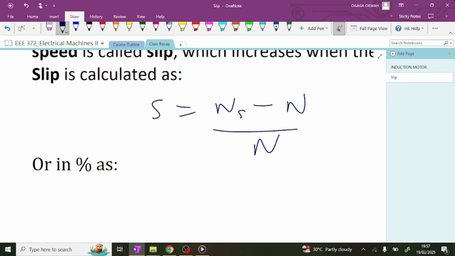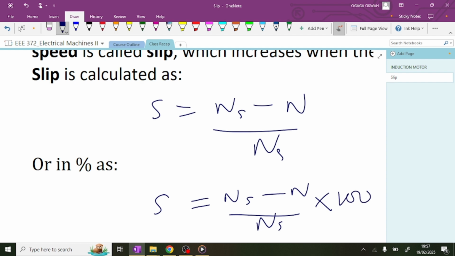Or if we want it in percentage, we can just say S equals (ns minus n) over ns, multiplied by 100.